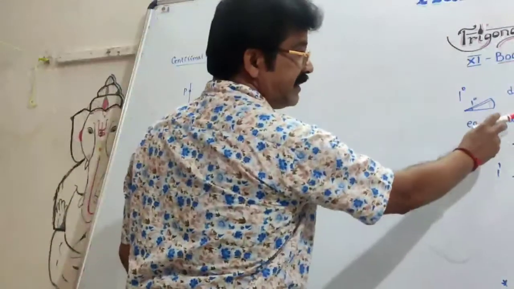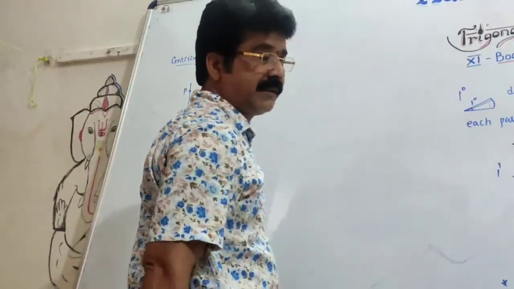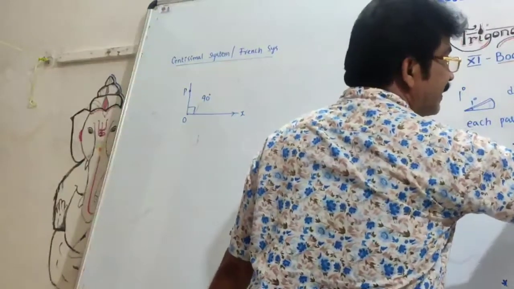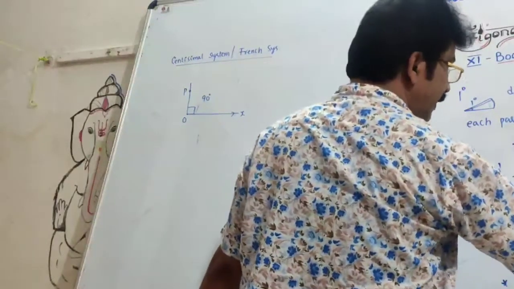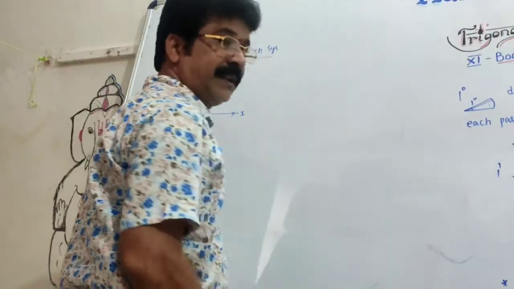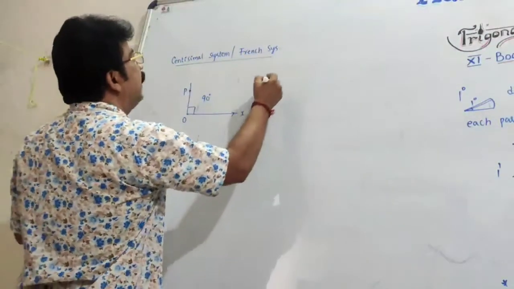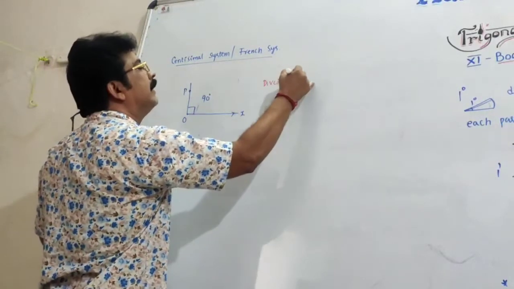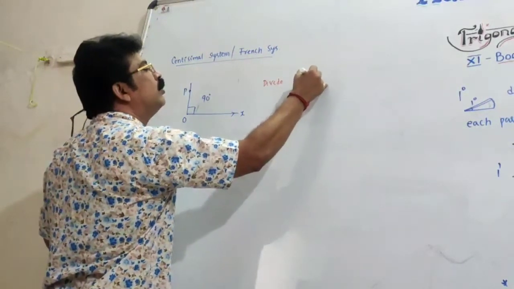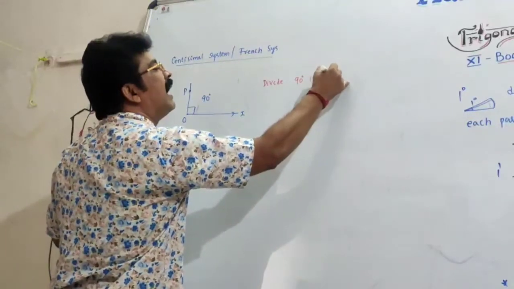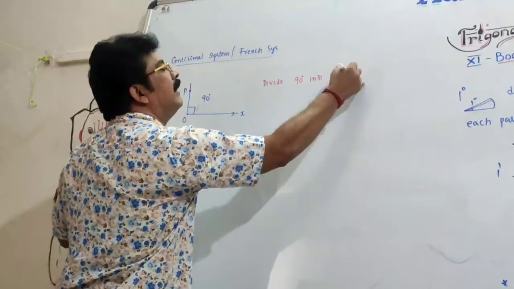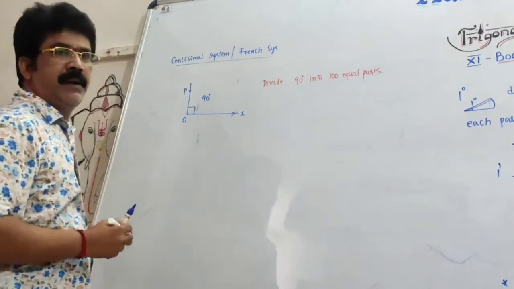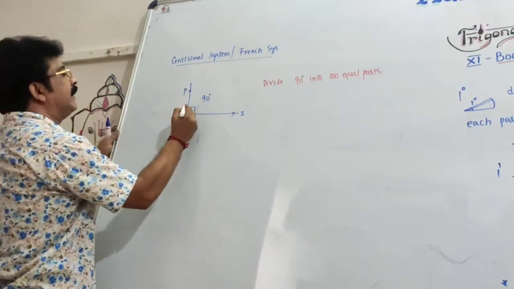Here in the sexagesimal system or English system, we are dividing into 60 equal parts. But here we divide 90 degrees into 100 equal parts. How? Like that.